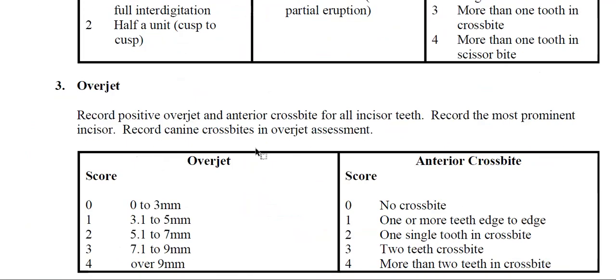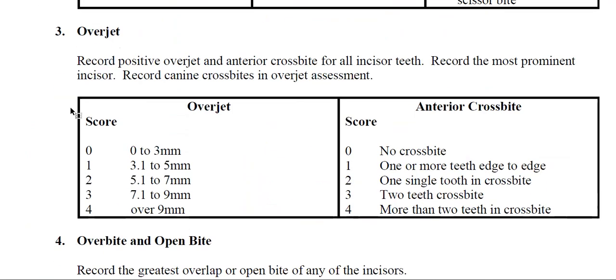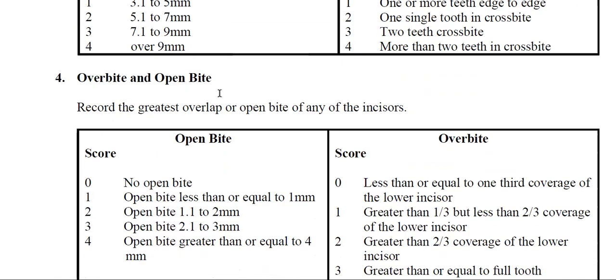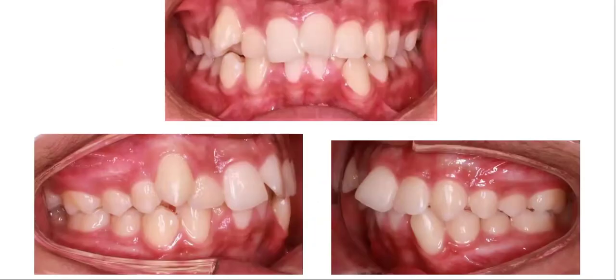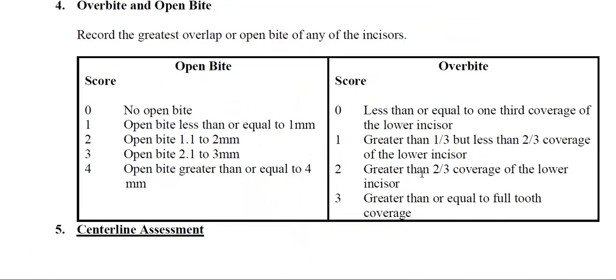And if I move to the overjet, the overjet is mentioned 5 millimeter. So this is 12 previously, and the overjet is multiplied by 6. So that will become 12 plus 6, 18. And I do not have anterior cross bite, so I'll skip that one. Then coming to the overbite, I do not have open bite here, right? And we mentioned that on one of the teeth, like the lateral, the overbite is 40%.